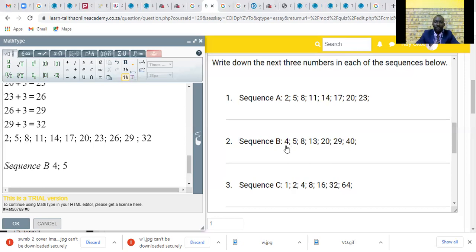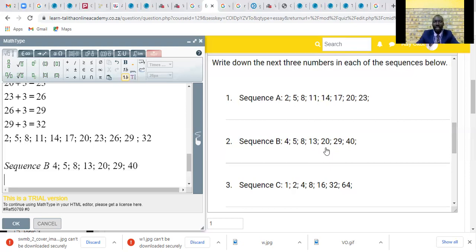This is sequence B. Then later, there is 8. Then later, there is what? 13. Then later, there is what? There is 20. Then after 20, we have 29. And after 29, we have a 40.